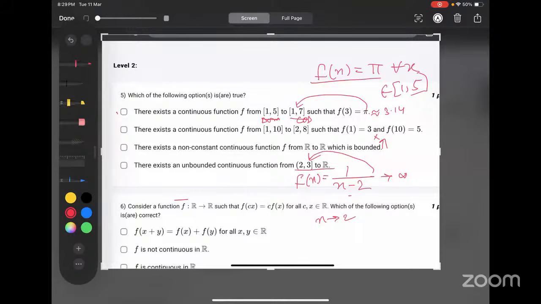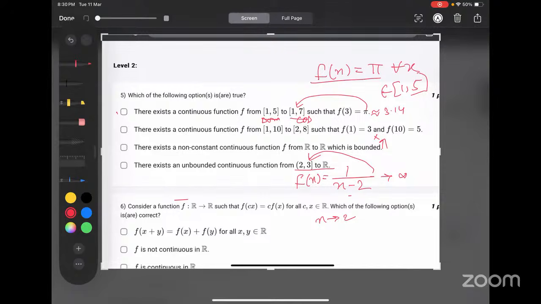But it's unbounded only in the positive direction. A function is bounded means it should be bounded above and bounded below, both. If any one is not happening, that means the function is unbounded. Like if it is not bounded above, that means it is unbounded. Okay, understood.